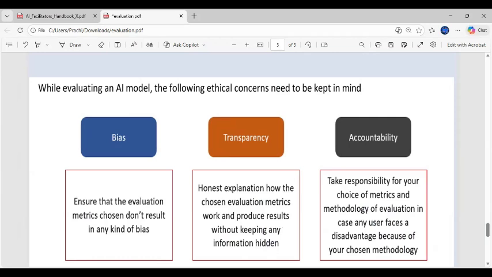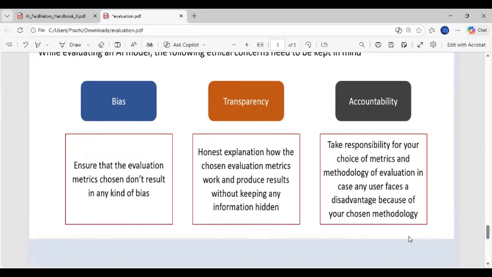Any type of information must not be kept hidden. Next is accountability. That means we are taking responsibility for the choice of metrics and the methodology of the evaluation. In case any user faces a disadvantage or problem because of the methodology, the accountability will be with the person. Basically, it is the act of taking responsibility.